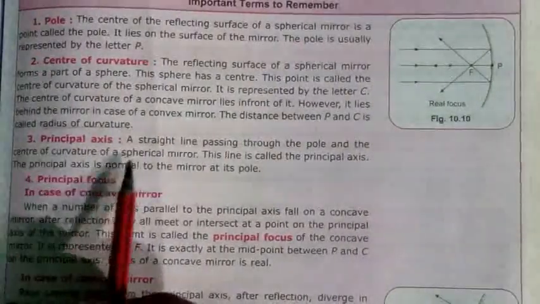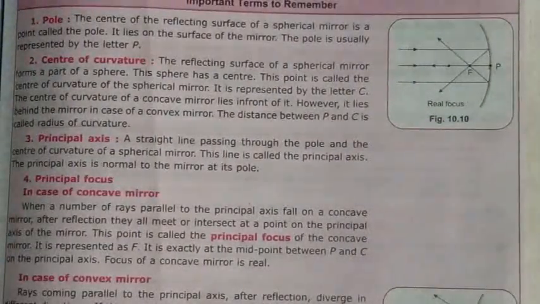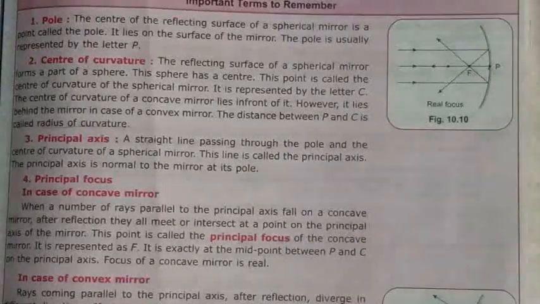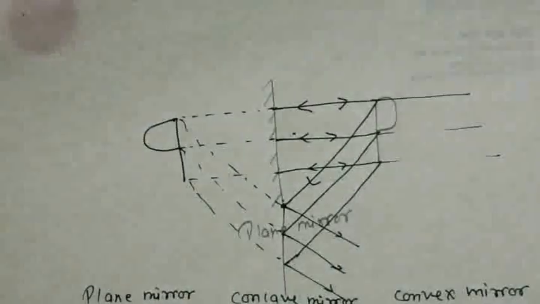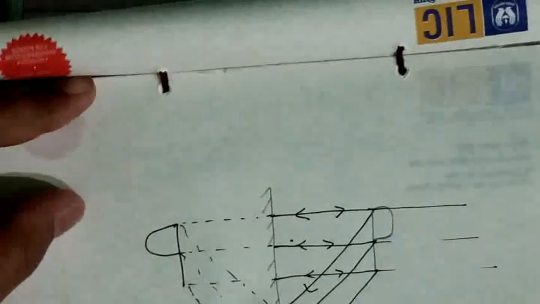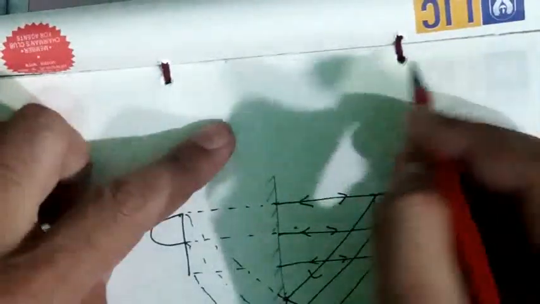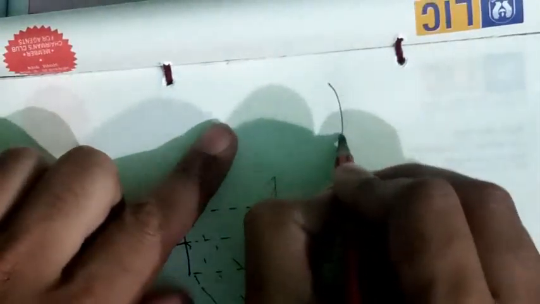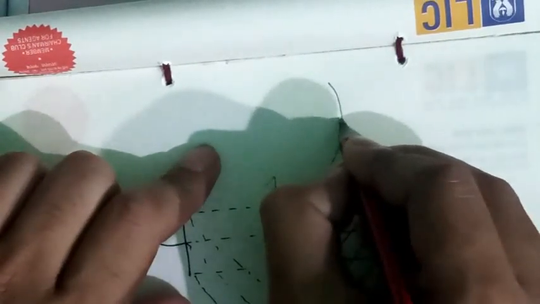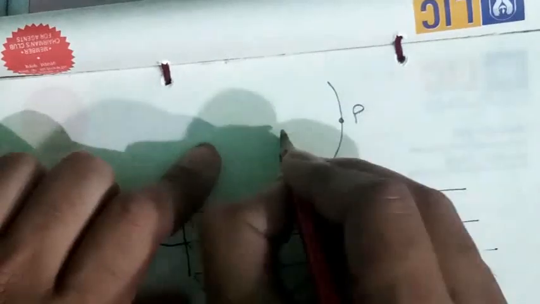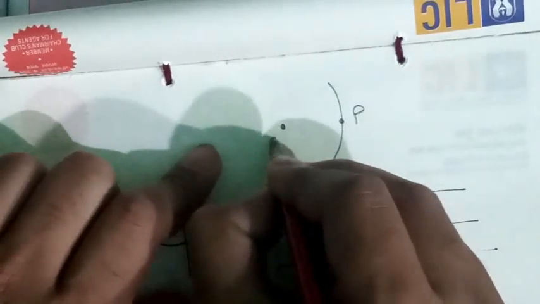Principal axis. What is the principal axis? Here we can talk about the principal axis. This is our mirror. This is the pole. This is the center of curvature.